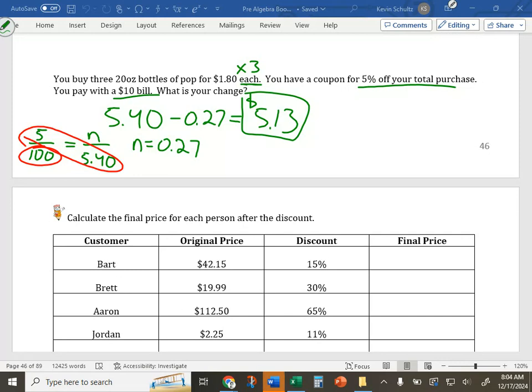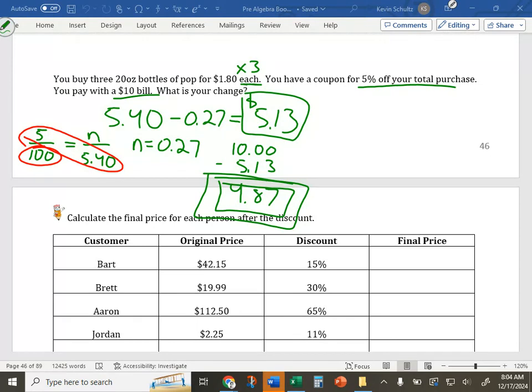So if you pay with a 10, if the price is $5.13, the last step would be to subtract 5.13 from 10. And quick maths here, what is the change? $4.87 is correct. So we'll box it twice because that's right. There's your final answer, $4.87.